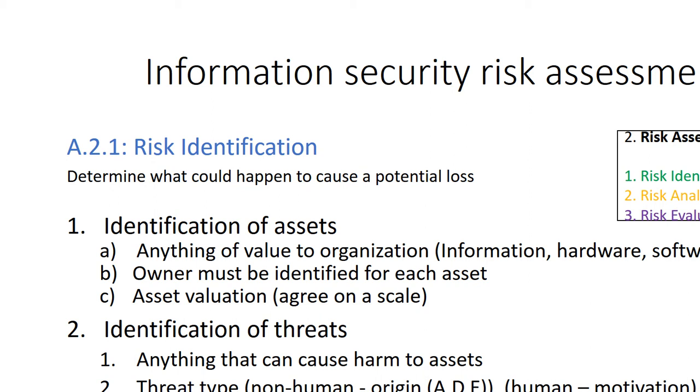Flood or earthquake are more of an environmental origin. Having a fire in your building is more of an accidental threat origin.